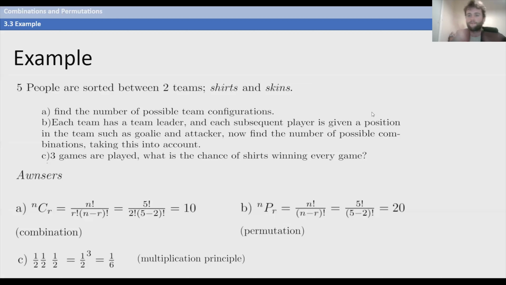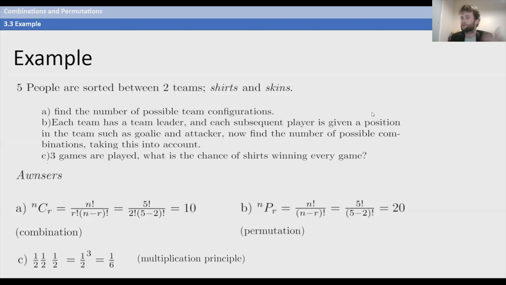So 5 people are sorted between 2 teams, shirts and skins. First, we're going to go over combinations. In combinations, order doesn't matter, so we're just looking at the number of configurations. Let's say we've got 5 people, put 3 people in one team, 2 people in another. Let's say Charlie, Mick, Steve, Ryan, Josh. How many configurations are there?